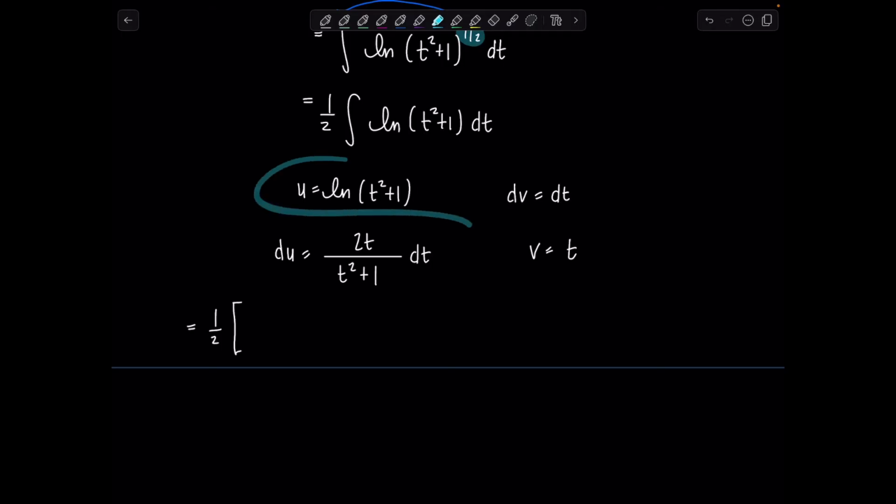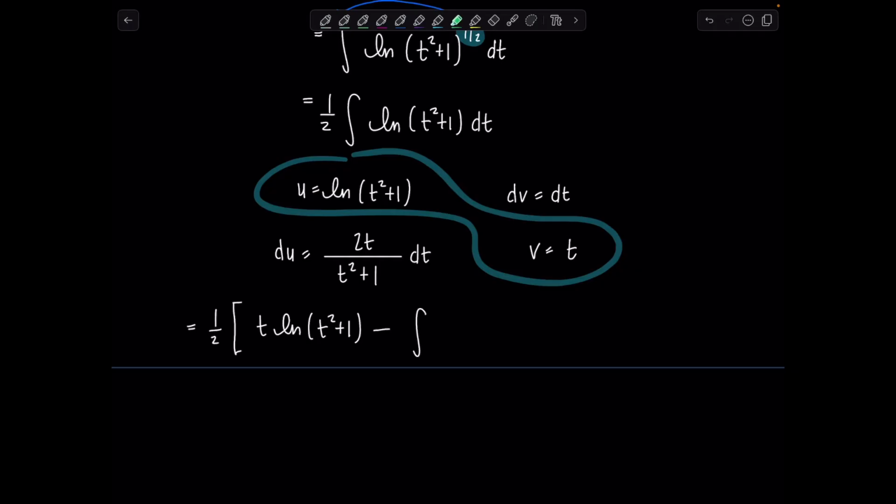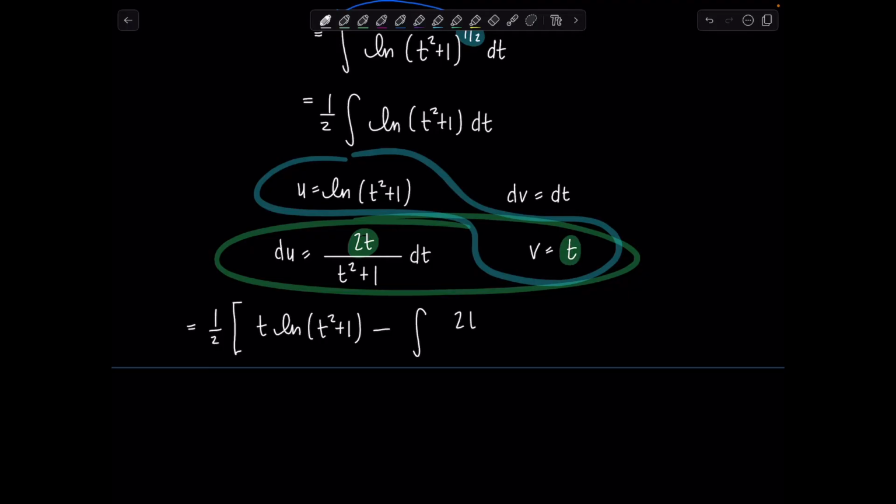So we have u times v, so that's t natural log t squared plus 1 minus integral v du. 2t times t is going to be 2t squared in the numerator over t squared plus 1 dt. We good?